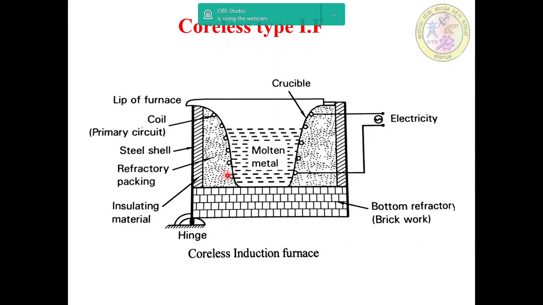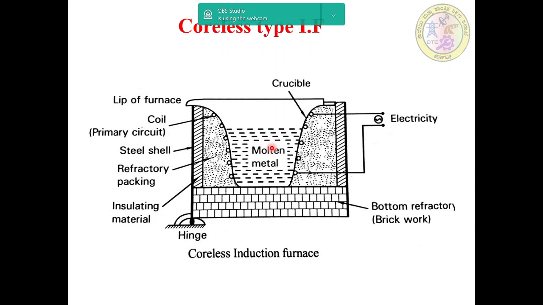Loose thin scrap is slowly charged into the crucible. The scrap slowly starts melting and a liquid metal pool is formed. This is the molten metal in the crucible. After some time, the molten metal starts stirring, and the stirring action is due to eddy current induced in the metal, which flows opposite to the direction of the main current.